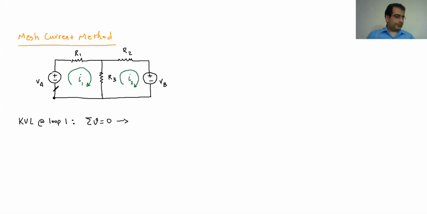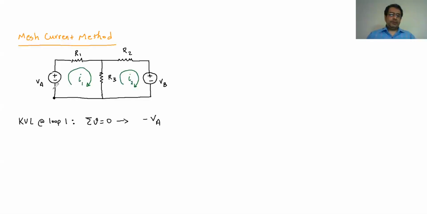If I come here, the first thing I reach is the negative sign. So remember, when we write the Kirchhoff voltage law, if we first reach the negative sign, we put the negative. If we reach the positive sign, we put the positive. So I reach the negative, so it's going to be negative VA.